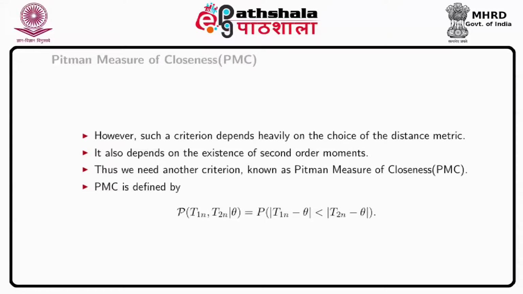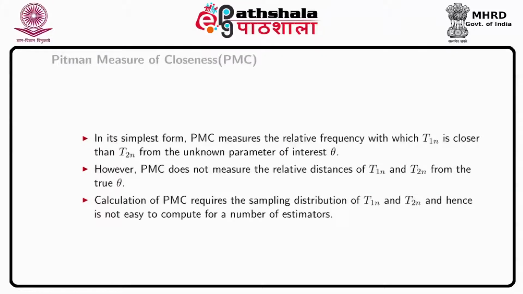by the probability measure of (T1n, T2n) given theta, which is equal to the probability that modulus of T1n minus theta is less than modulus of T2n minus theta. Then, in its simplest form, PMC measures the relative frequency with which T1n is closer than T2n to the unknown parameter of interest theta.